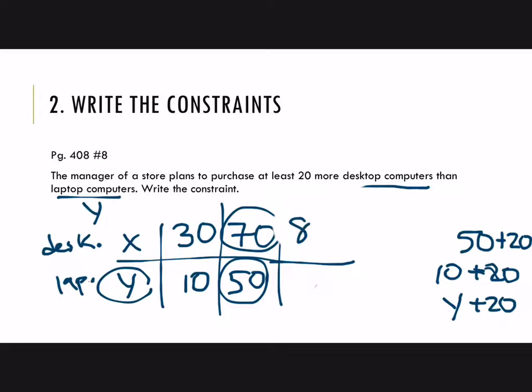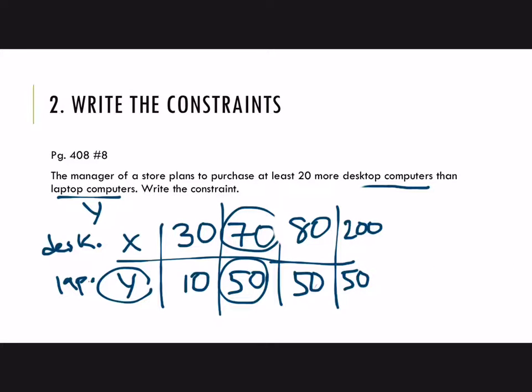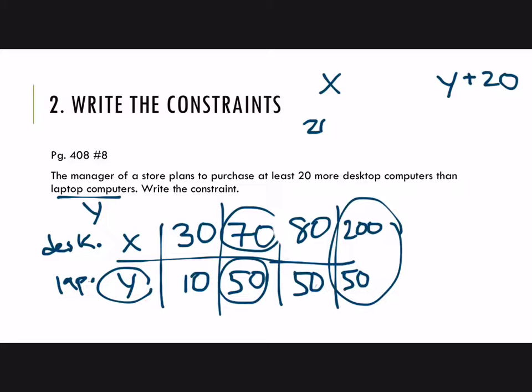So I could do like 80 and 50, or 200 desktop computers and 50 laptops. Now if I try to write my equation, I know that it's x and y plus 20. And now if I fill in one of these situations with the numbers, let's say I choose 200 in for x and 50 in for y.